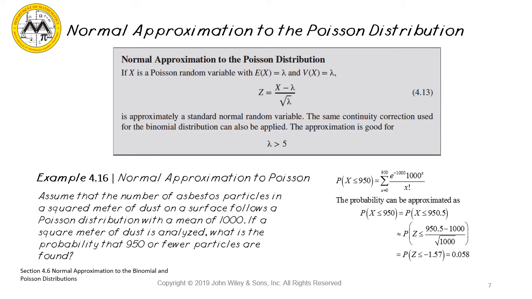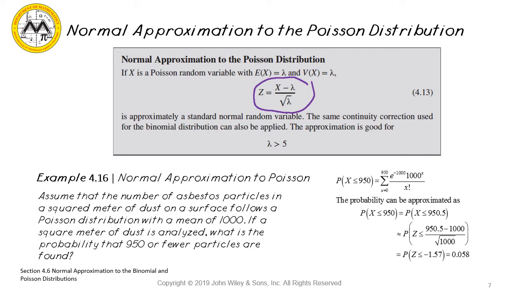Now we can also approximate the Poisson process. So take note that the mean is lambda and the variance is also lambda. So the formula would now be this one: Z is equal to x minus the mean over the standard deviation.